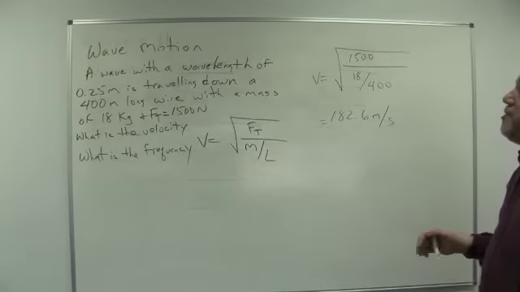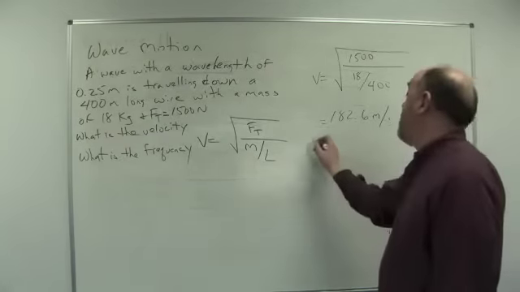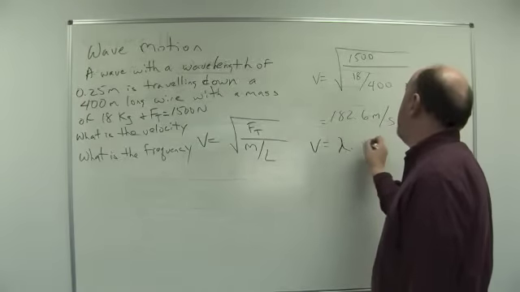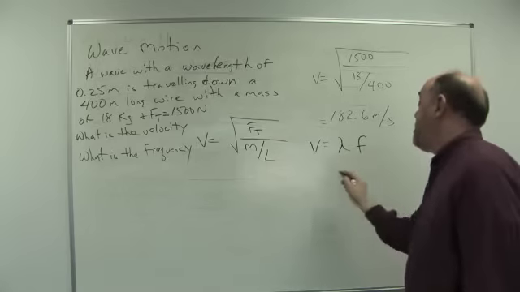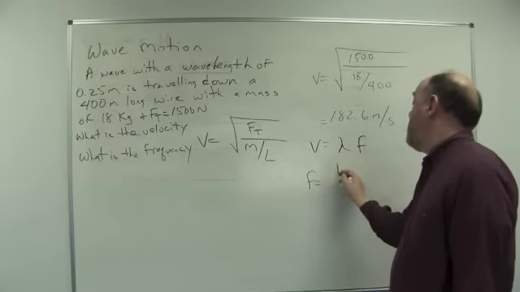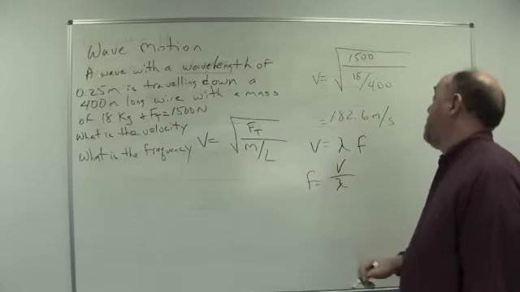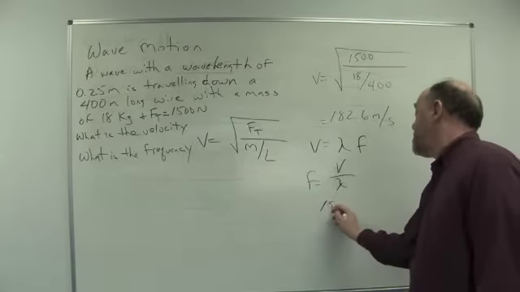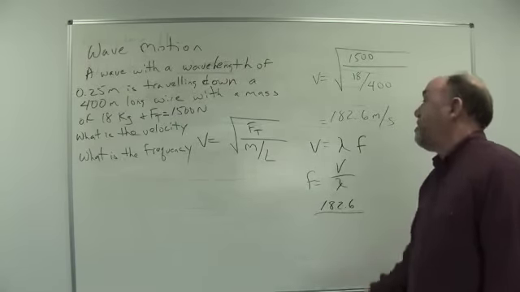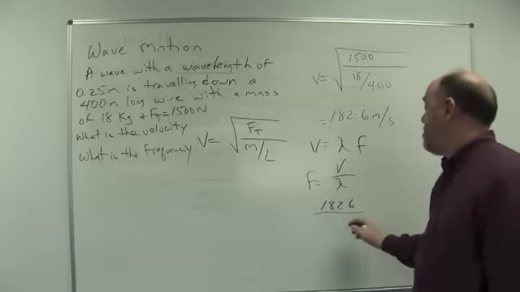We can also find the frequency because we had that the velocity is given by the wavelength times the frequency. And so the frequency then is going to be the velocity divided by the wavelength. And so we have 182.6 divided by the wavelength, which we said was 0.25.